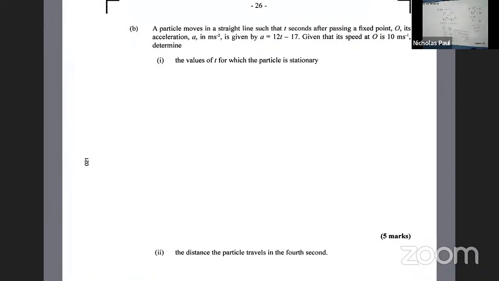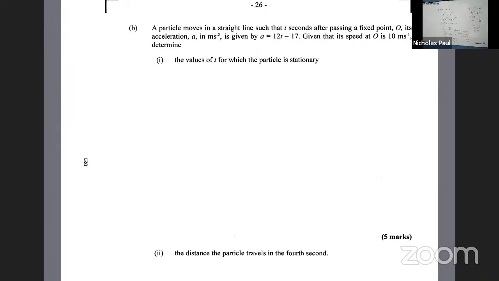Try this here. That's the kinematics version of it. Right, so try the kinematics.